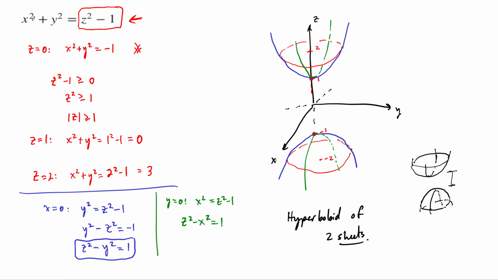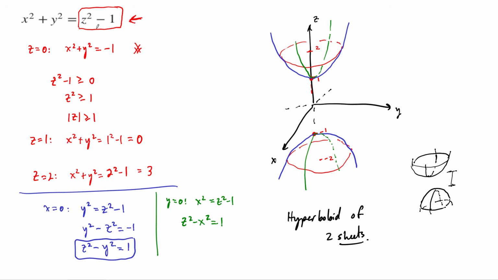All right, and so this one comes from subtracting the number from the z squared on this side. On this side, again, you can make these ellipses instead of circles just by adding coefficients to the x or the y, either one. And in general, you can always rearrange your hyperboloids to be in either one of these forms. So some variable squared plus the other variable squared equals the third variable squared plus or minus a number.